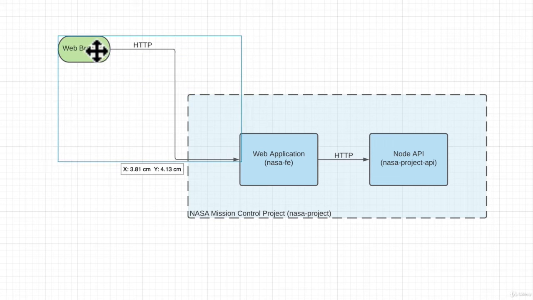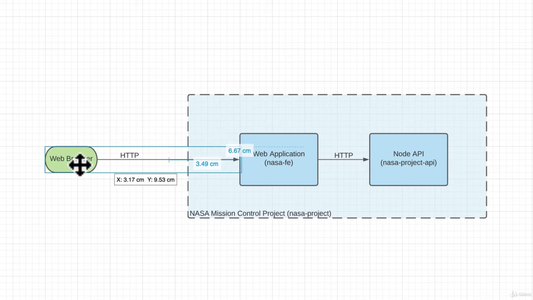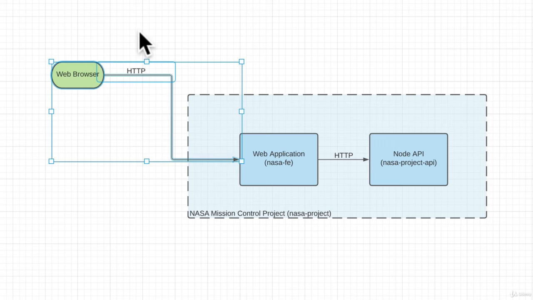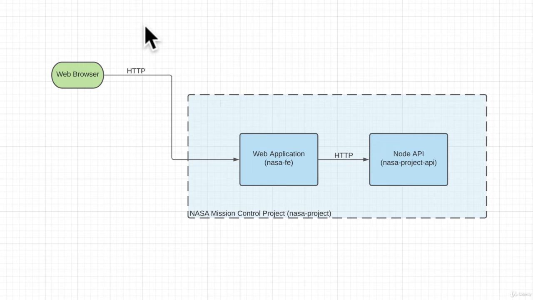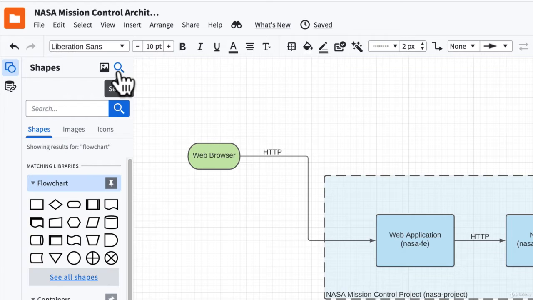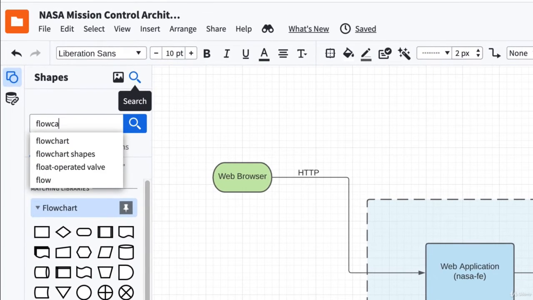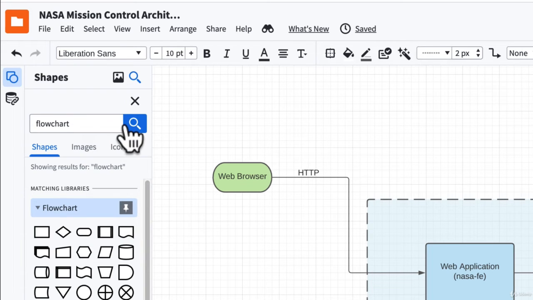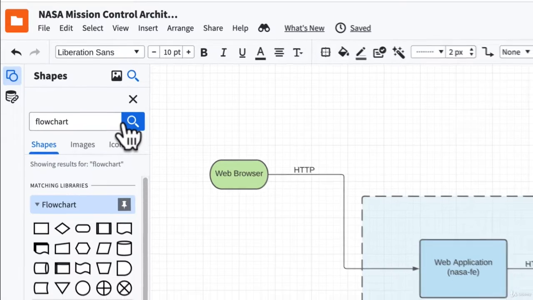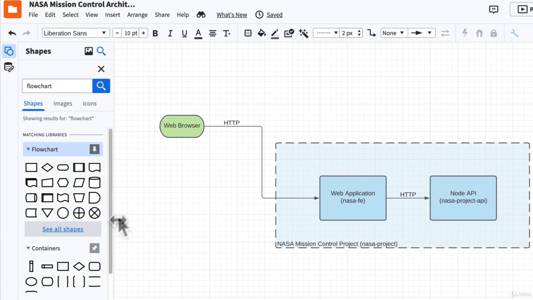By the way, if you're not able to see the shapes that I'm using here, you can search for them with this search icon here. For example, looking for flowcharts, which will give you the flowchart shapes I'm currently using.